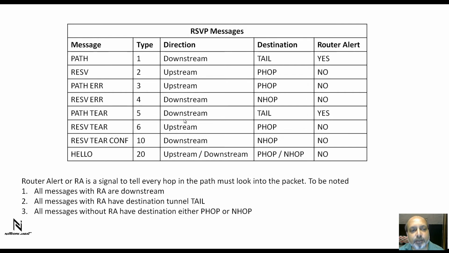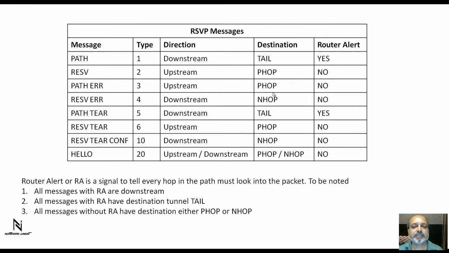If you are following these upstream and downstream directions, you can very easily understand the destination also. Downstream messages have tail as their destination. The upstream messages have the destination as the P hop, or the previous hop, right? The path error message, its destination is P hop, the previous hop.